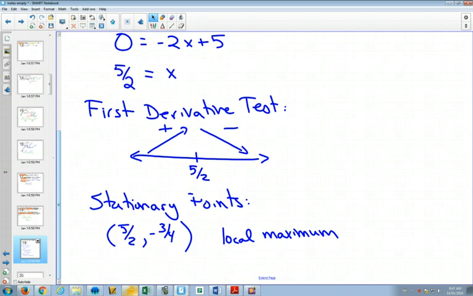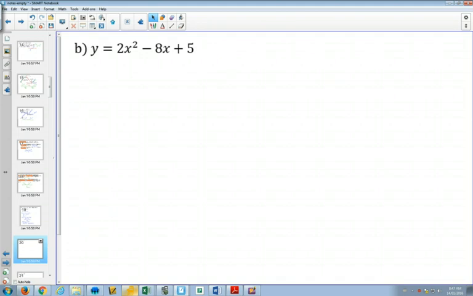So now we have our stuff here. We can do the derivative to find our critical points. We now know that our sign diagram that we've done here, we can call it the first derivative test, and we can solve from there. So try this one. Put up the answer in a second.